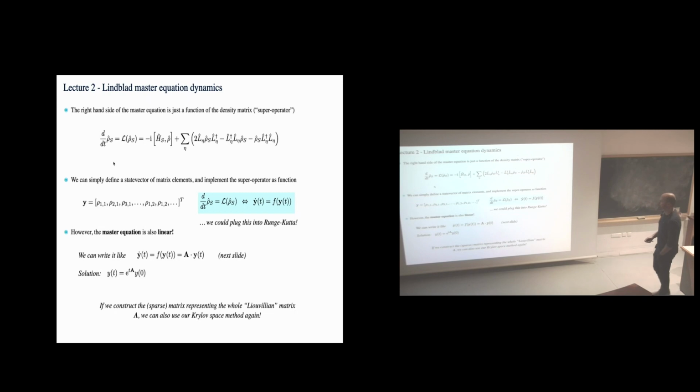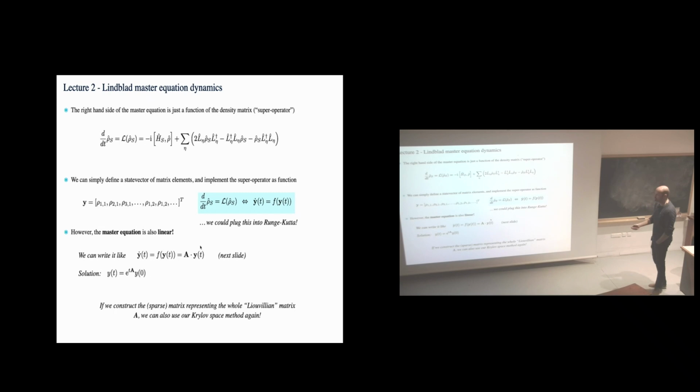But that's not a very good idea, because you may not see it from this Lindblad equation form, but this Lindblad master equation is actually just a linear equation. If I write this in the state vector form and look at the time derivative of the state vector, I can find a matrix A that multiplies my state vector at time t. It's a linear equation.